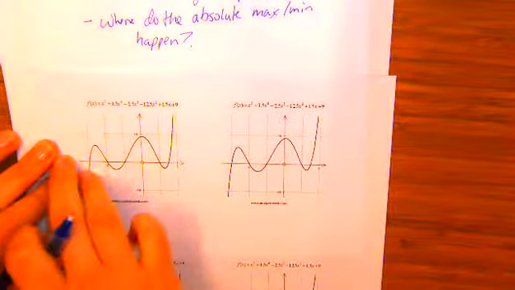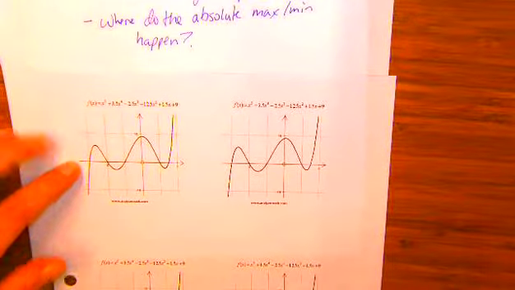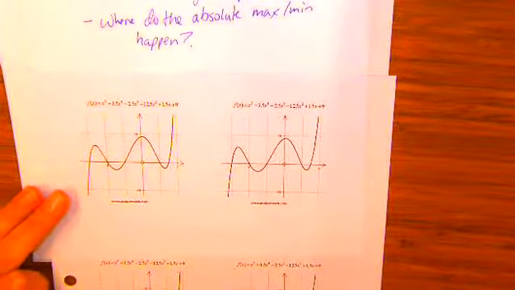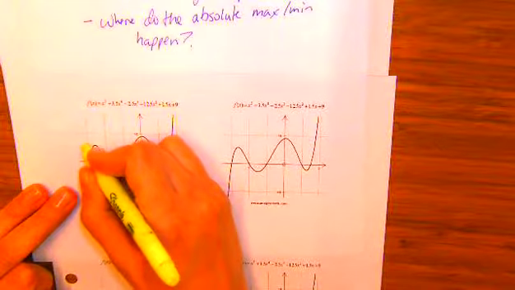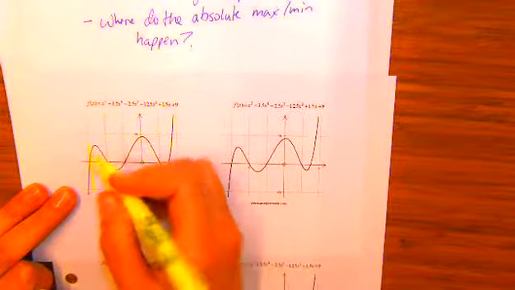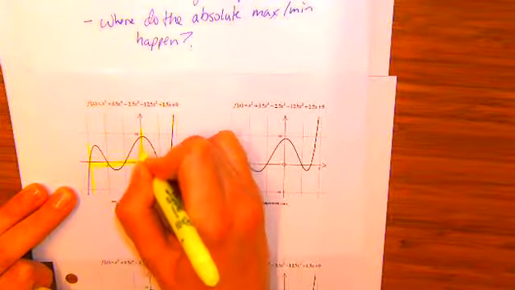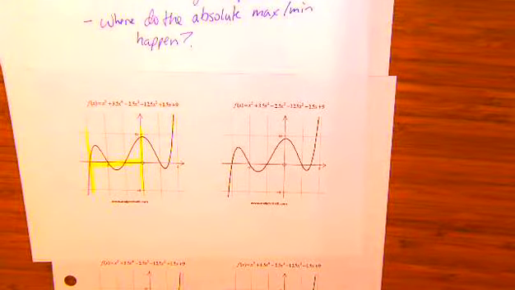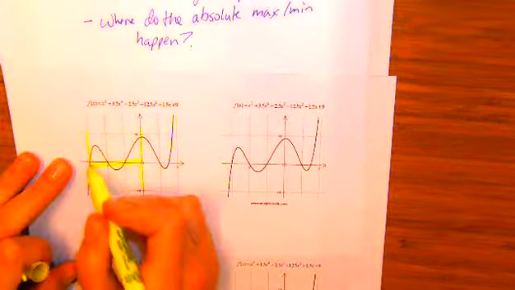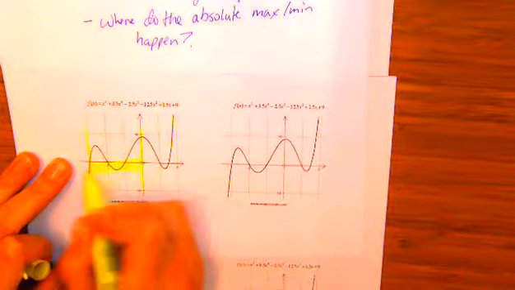So if I decide to not look over minus infinity to infinity, I only want to look at specific x values. Namely, let's say I want to look from x being minus 3 all the way up until 0. We said the absolute max is the highest point, the absolute min is the lowest point. Where does that seem to happen in this window when x is minus 3 to 0?